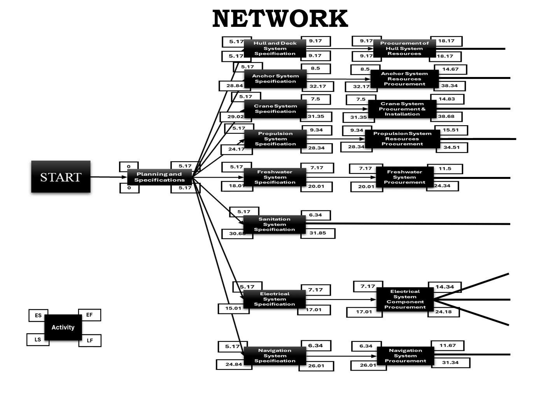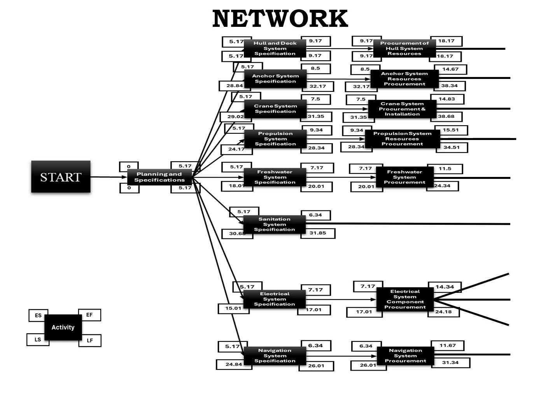So in the center represents the activity. The top left, which is the ES, is our earliest start time. EF at the top right is our earliest finish time. LS at the bottom left is our latest start time, and LF at the bottom right is our latest finish time.